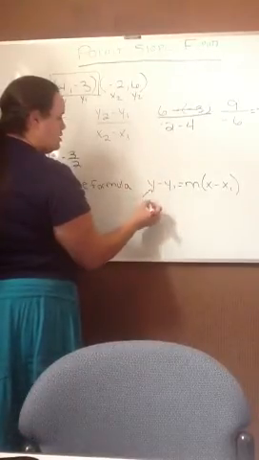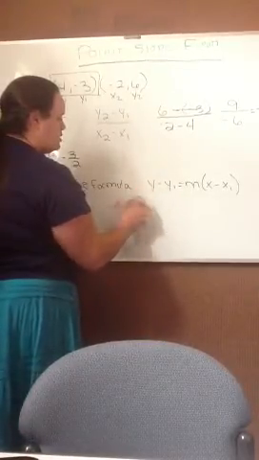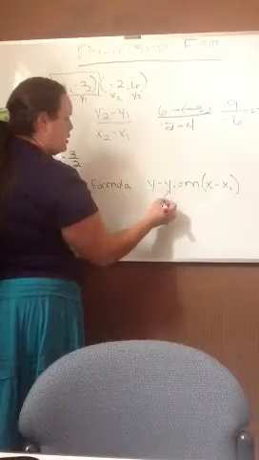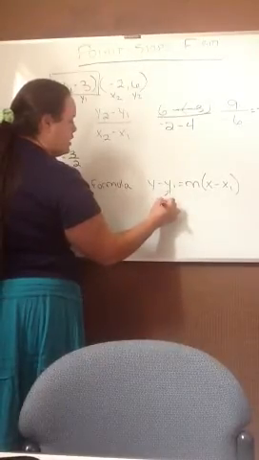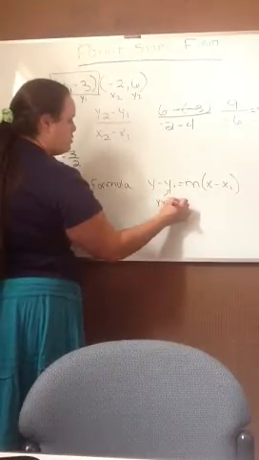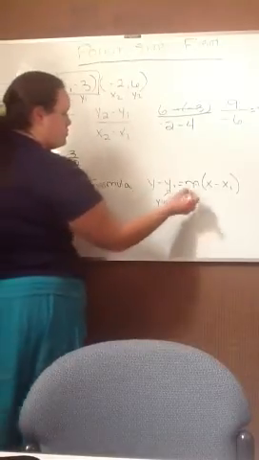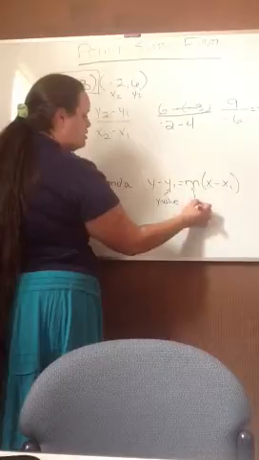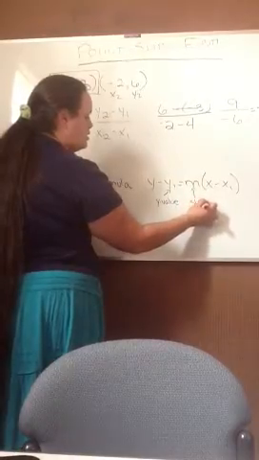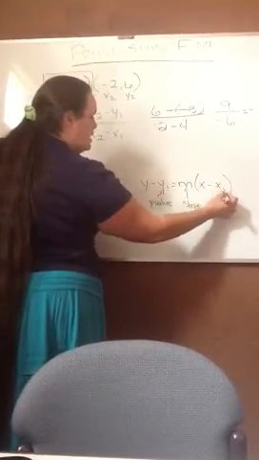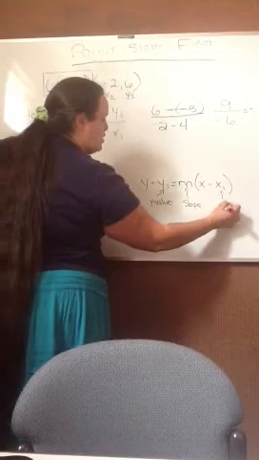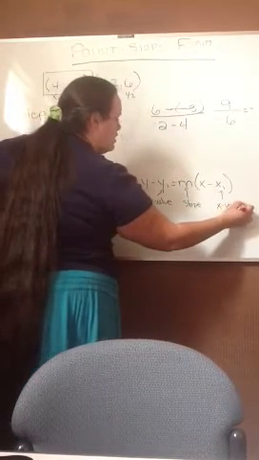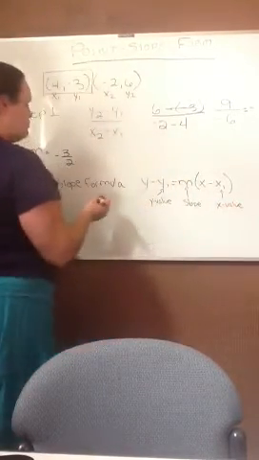This y1 is your y value from your point. This is the slope you just solved for. And this is your x value from your point. And you'll plug them in.